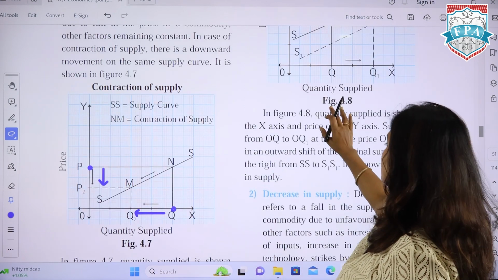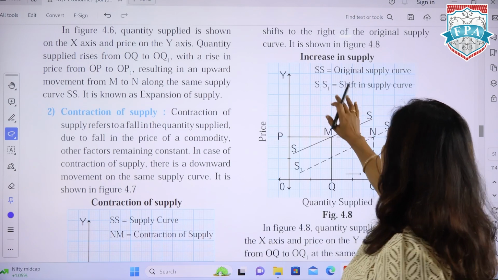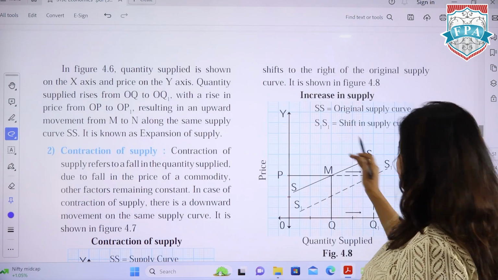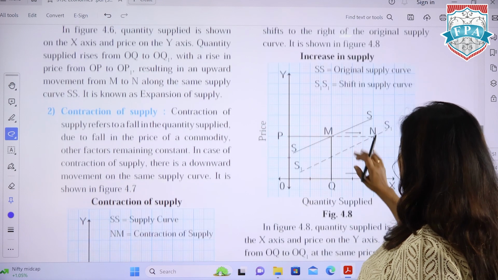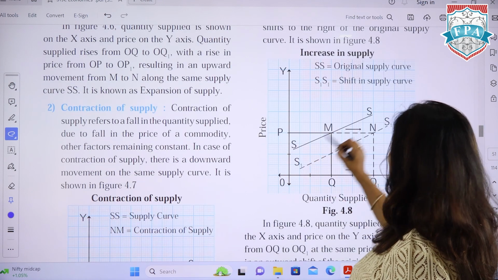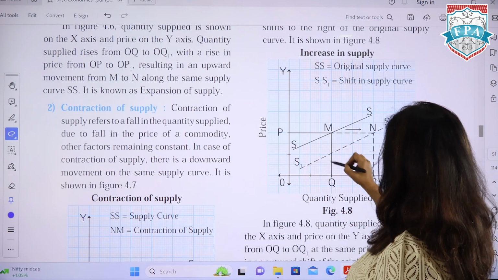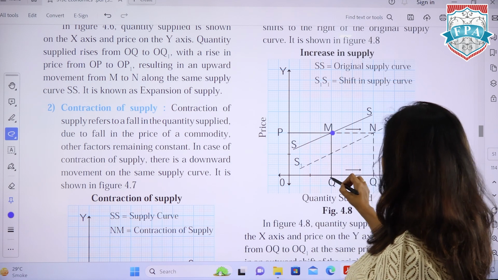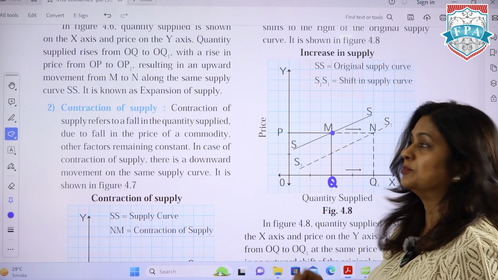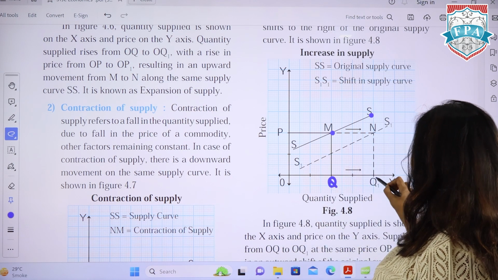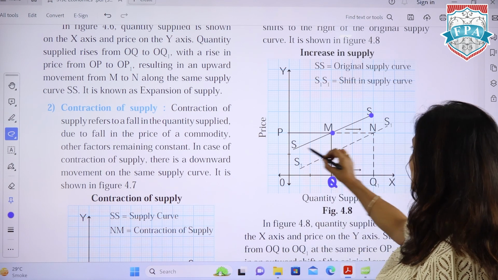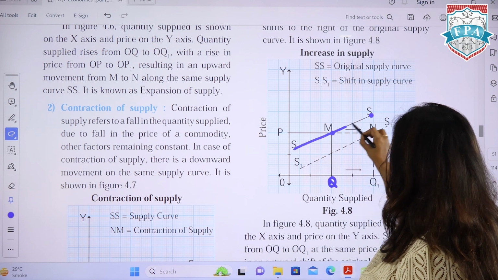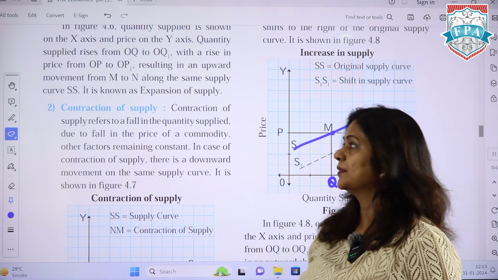Look at the graph. Now here, they are just showing you this was the original supply curve. That is at price P, quantity supplied is Q. At this point, the quantity supplied is Q. This is your original graph, SS.